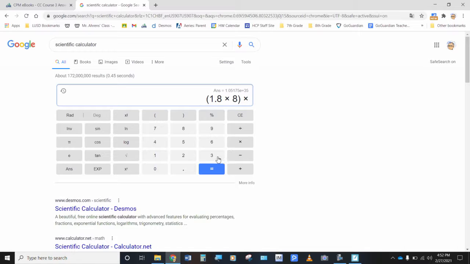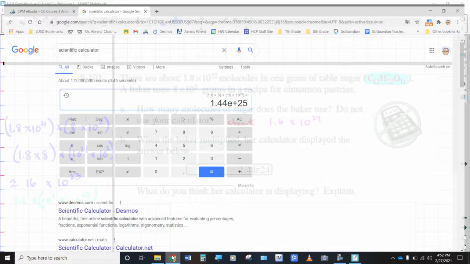And I'm going to take that quantity and multiply it times 10, times 10 raised to the 23rd power, end parentheses. Let's see what we get for our answer. You got 1.44. So I had estimated it to be about 1.6, but I rounded that up to 2. So it's really 1.44 e plus 25. That's similar.